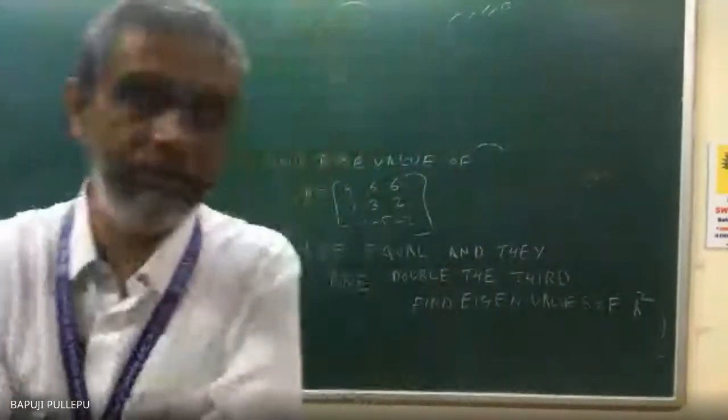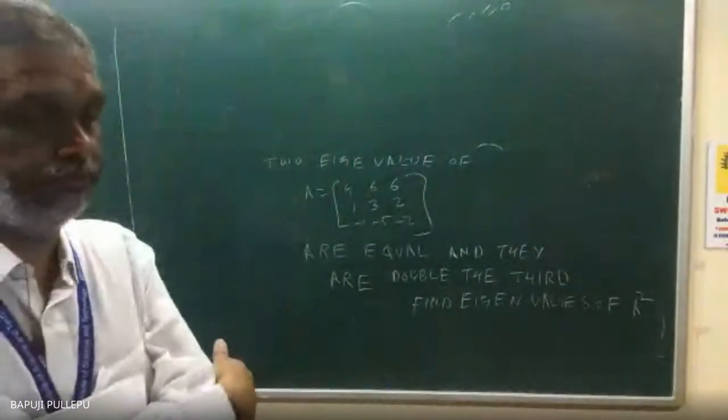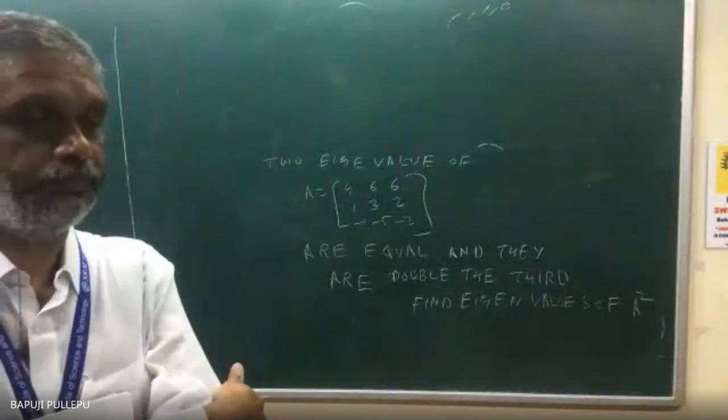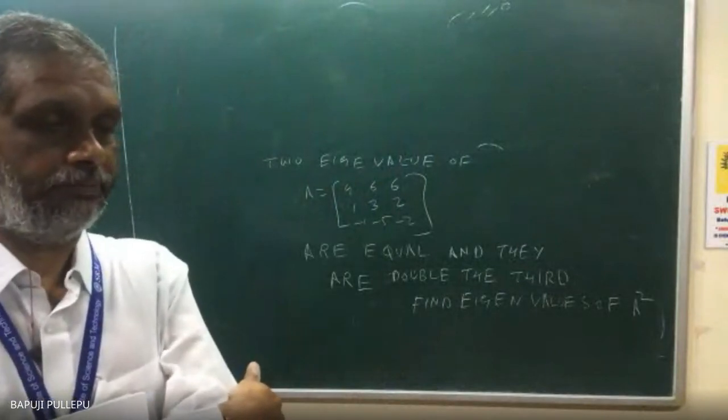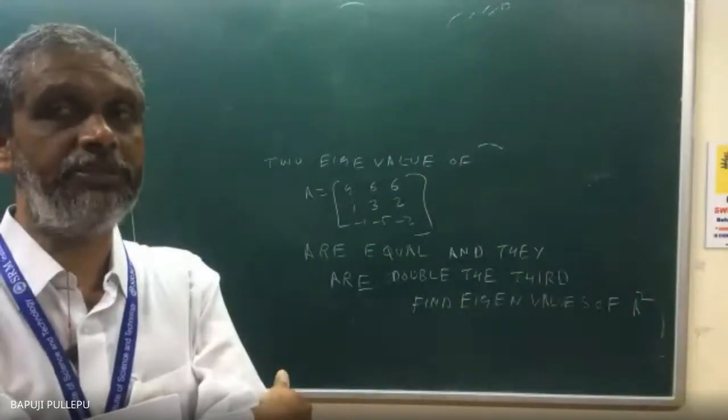Then what are the eigenvalues? How will you choose now? Lambda 1 equals 2, lambda 2 equals 2, and lambda 3 equals 1? You should not tell that actually. In terms of lambda, I can tell: lambda 1 equals lambda 2 equals 2 lambda 3.